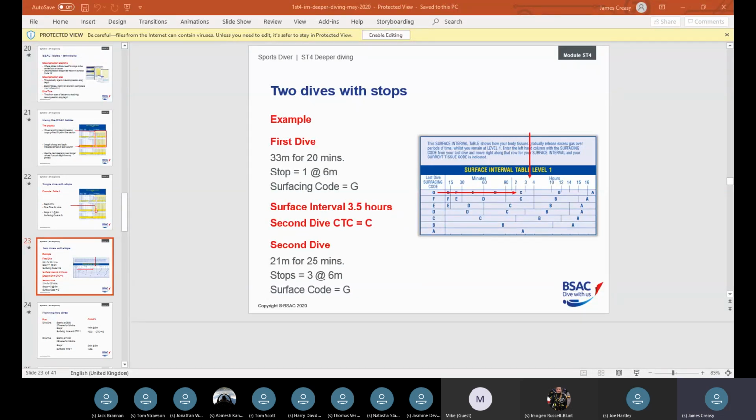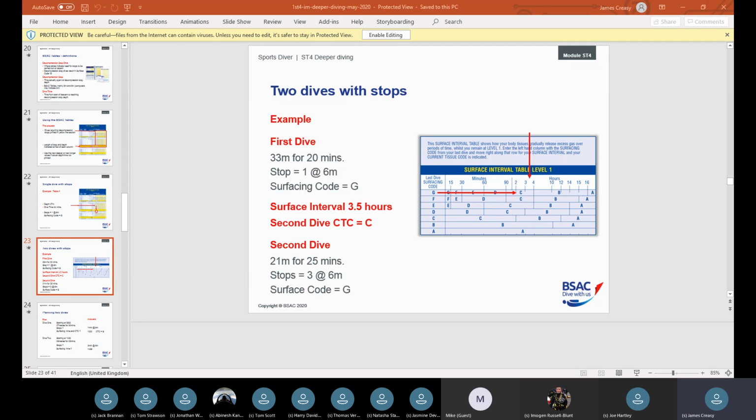So we need to do a surface interval of 3.5 hours. We look at the surface interval table, which we have here. So we're coming up on a G on the top line. We've set 3.5 hours, so we go between the 3 hour and the 4 hour mark, and we can see that we now have a tissue code of C.